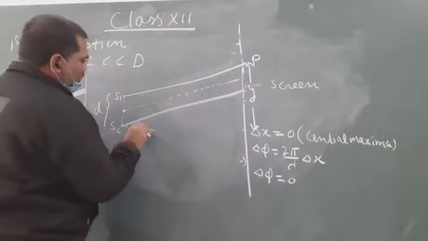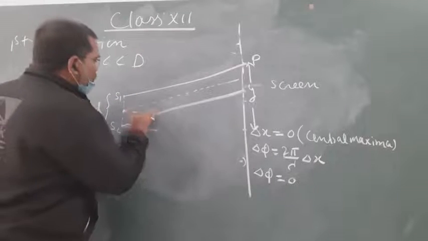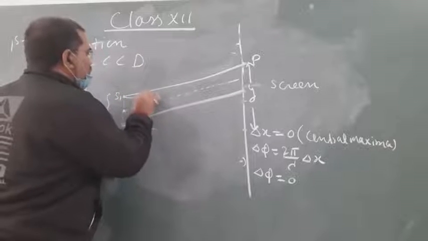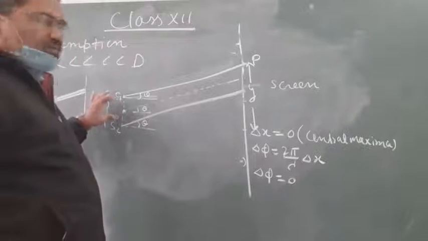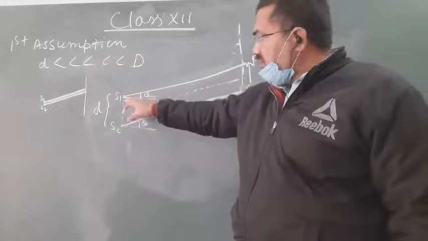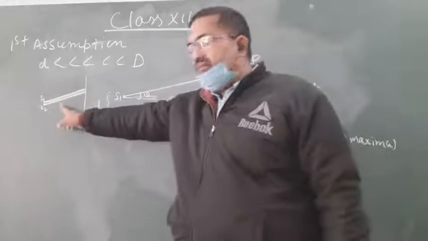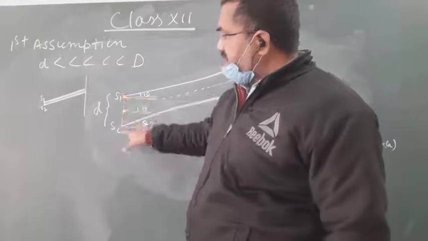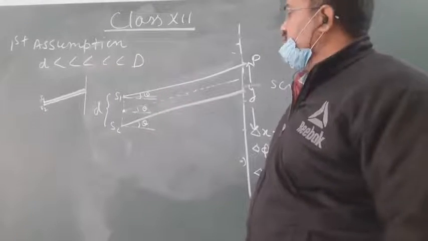From the horizontal, let it make theta degree, then this would also be theta degree, and this would also be theta degree. S1 and S2 are very close, so both the rays are parallel, and since the midpoint is in between S1 and S2, this ray is also parallel to both the rays.